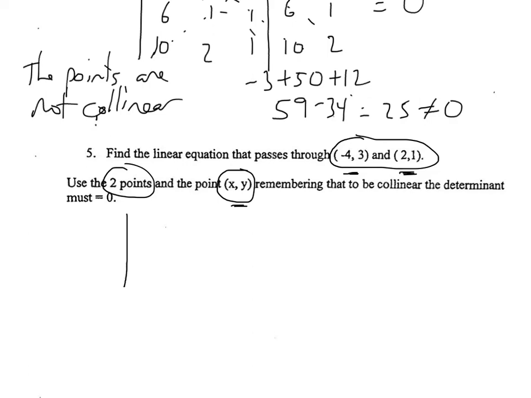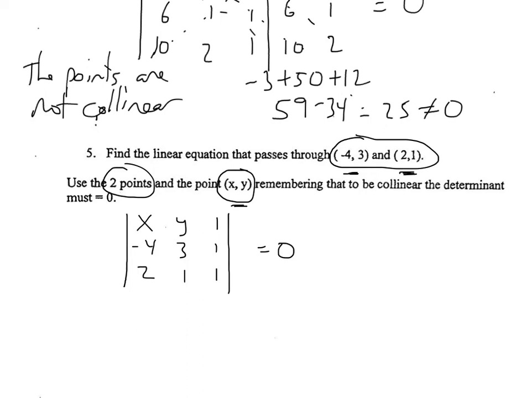So what I do is I'm going to put xy, and then -4, 3, 2, 1, and then 1, 1, 1. And I'm going to set this equal to 0. And in solving, I'm going to get an equation with x and y in it, and that's going to be my linear equation of this line.